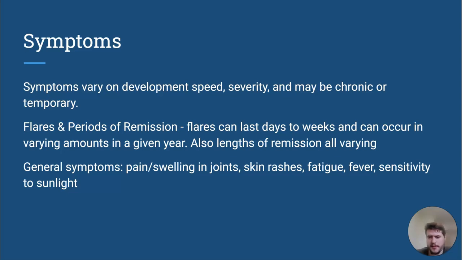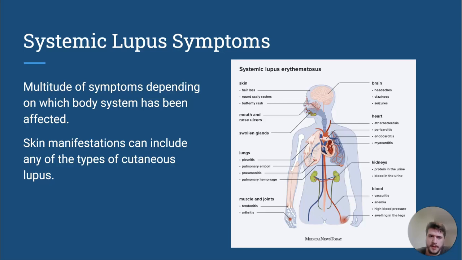The time lengths of flares and periods of remission vary greatly, depending on how much they occur, how long they last, and so on. In general, there's pain and swelling in the joints, skin rashes, fatigue, fever, and sensitivity to sunlight. But with systemic lupus, its symptoms depend on which body system has been affected, considering how it can affect so many different ones.